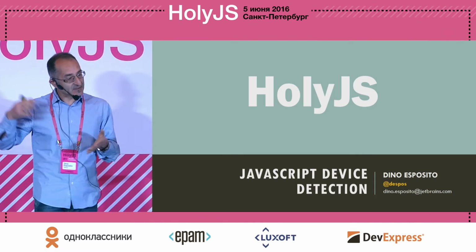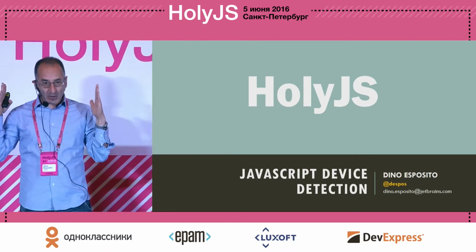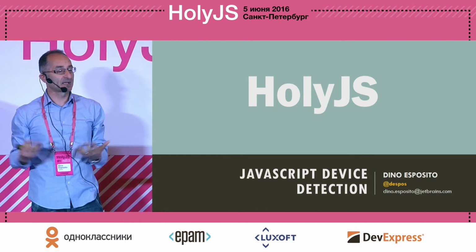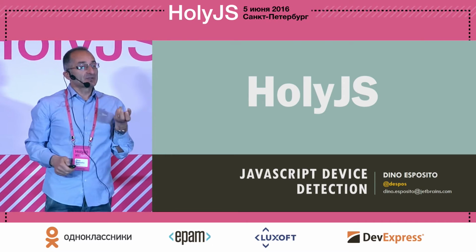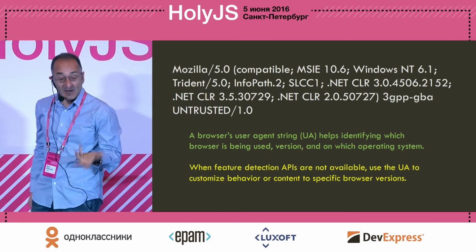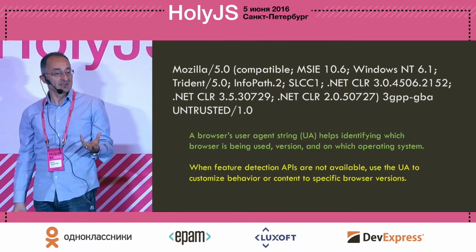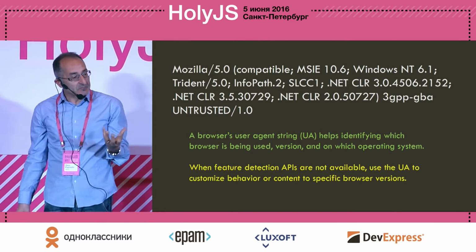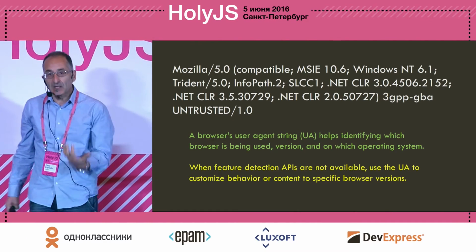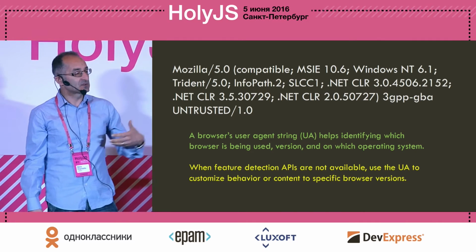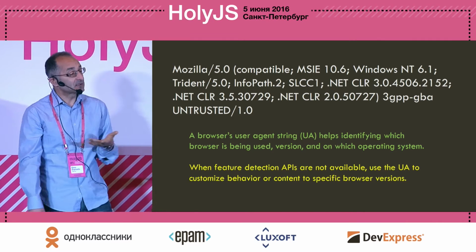But when we try to take a different approach, we go against the wall represented by the technical difficulties of understanding the mechanics of devices. And the central point that makes it really hard to understand the underlying devices being used to visit our web pages is the user agent string.